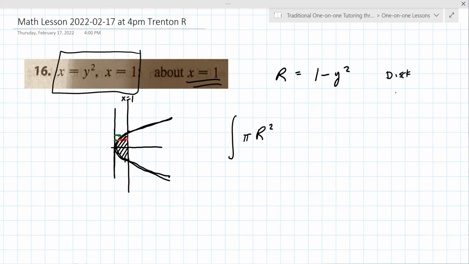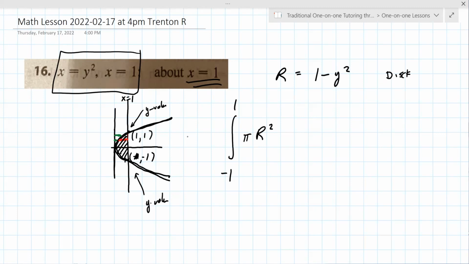the bounds here, the bounds are your y bounds. So it's your y value there at the top and your y value there at the bottom. So this time it's from -1 to 1, and that point there is 1, -1, and then this one up here is 1, +1.